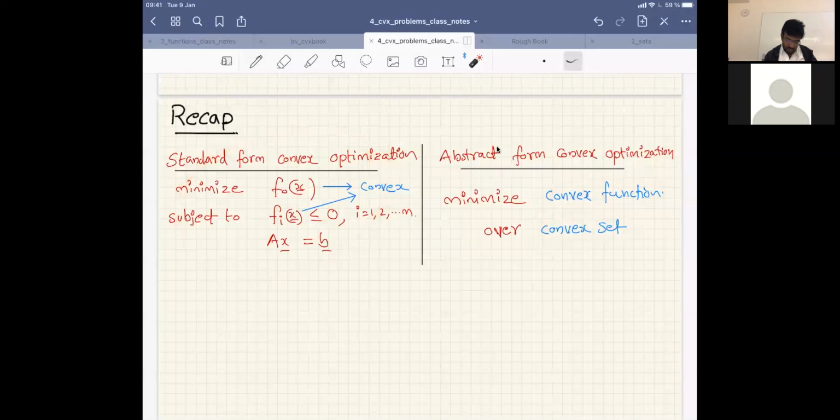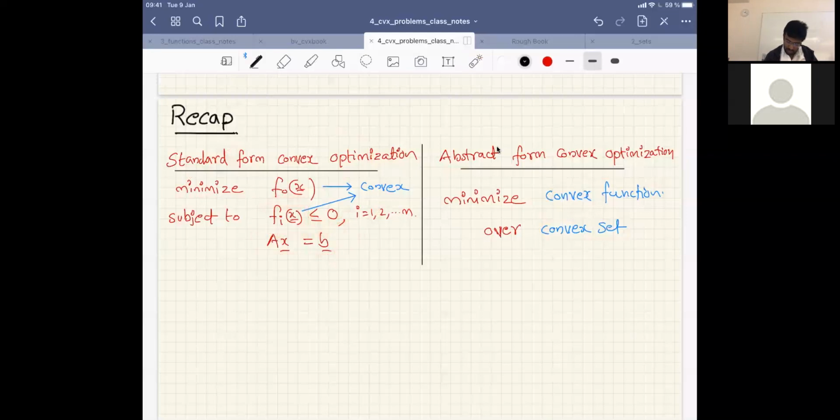It should be minimization of an objective function, which of course has to be convex, subject to inequalities and equalities, but the functions which define the inequalities have to be convex. And for equality we should only use this form, that is, it has to be an affine function.